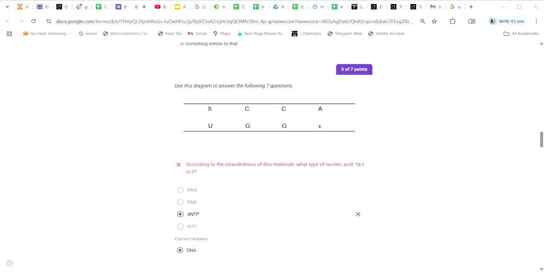So this is the strandedness of DNA: sugar phosphate backbone and base pairs, adenine with thymine, guanine with cytosine, thymine with adenine, cytosine with guanine.